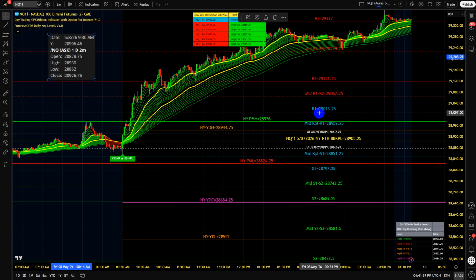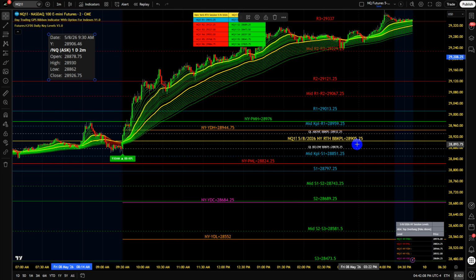So at a hit of R1 here, you would get out, or you could just set an order to close out your trade once you've entered here, as well as your initial stop loss. Your initial stop loss is going to be the QL below the BBKPL if you prefer a tight stop loss, or the midpoint below the bull bear KPL if you prefer a standard stop loss.